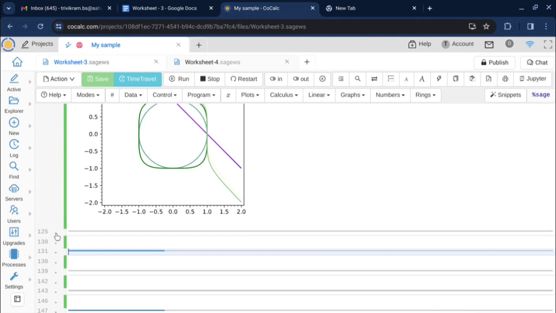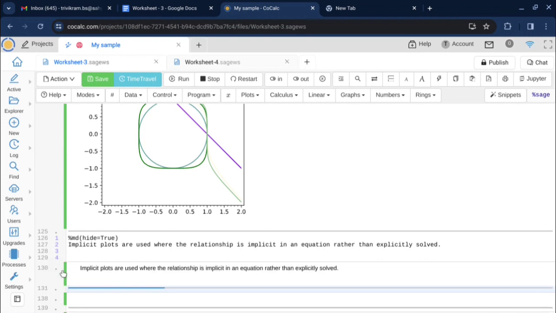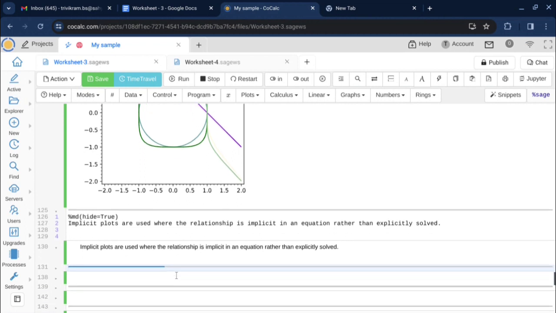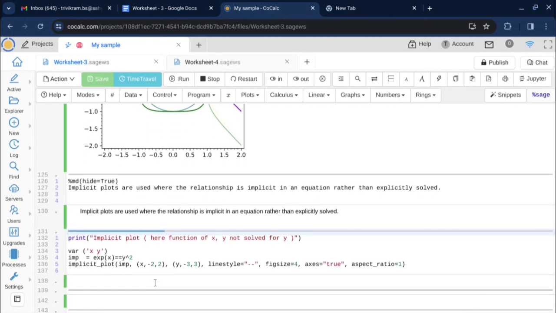Now let us see the implicit plots with one more example. So here implicit plots are used where the relationship is implicit in an equation rather than explicitly solved. Okay, so that means I have taken one more example.